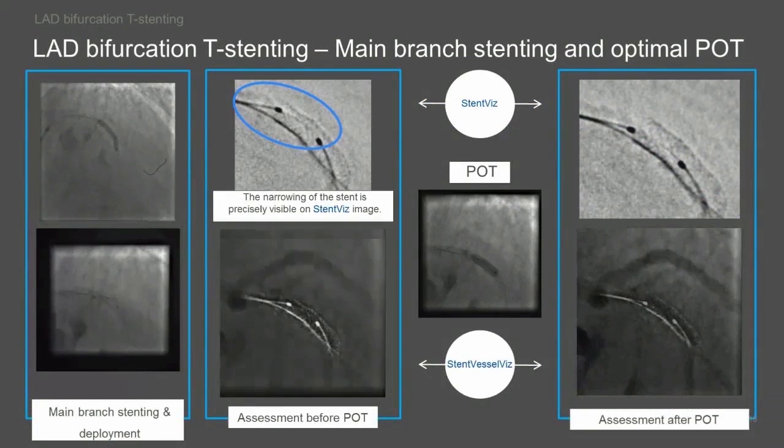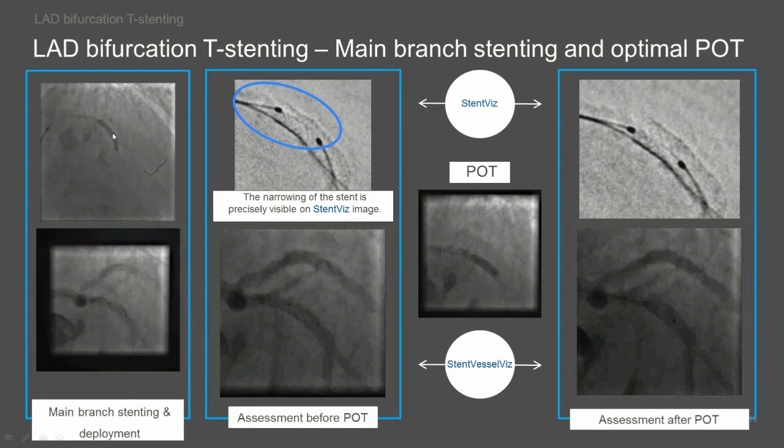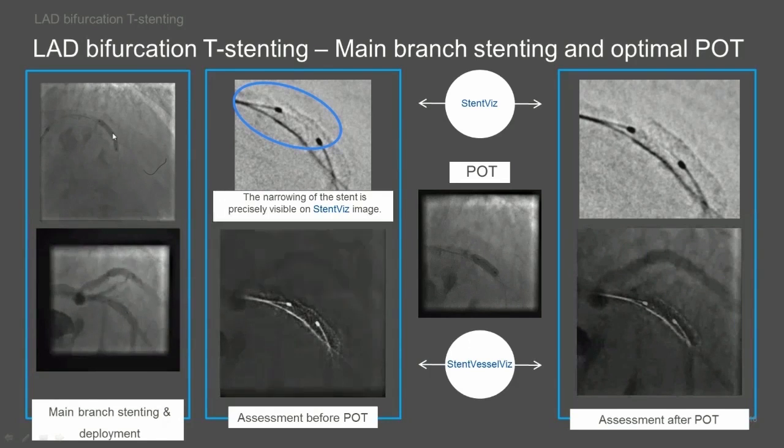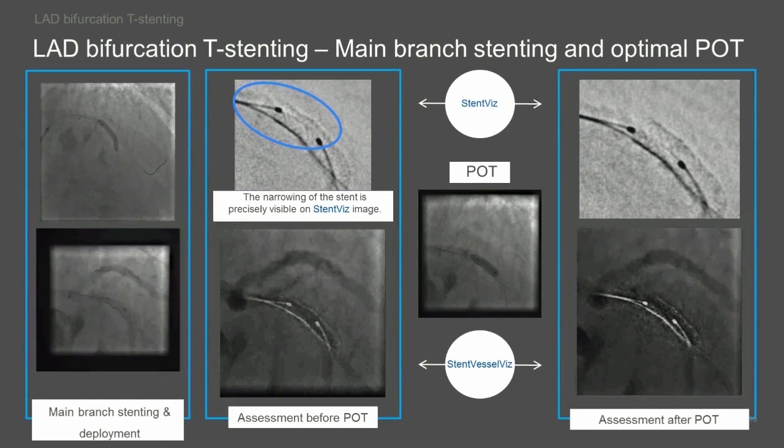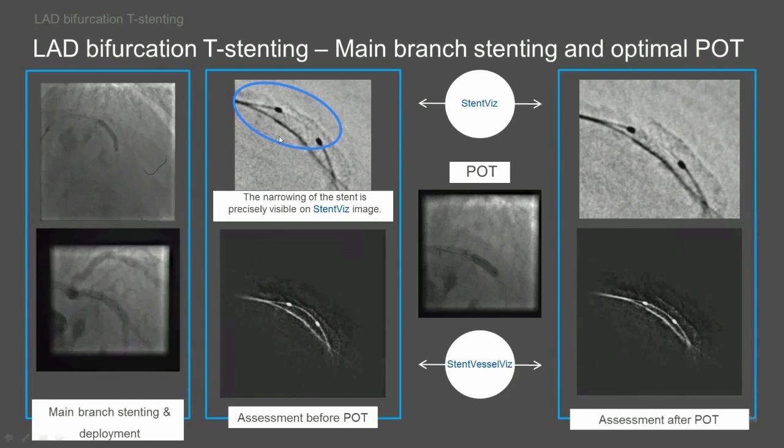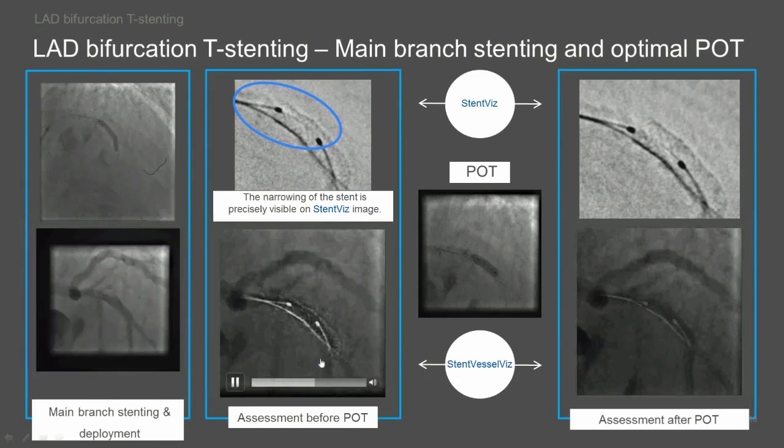So we put here, after predilatation, the stent on the main branch, which was the LAD. And here you can clearly see with the stent vis that the stent was not well open on the proximal part, so the POT was very important, especially in this case.